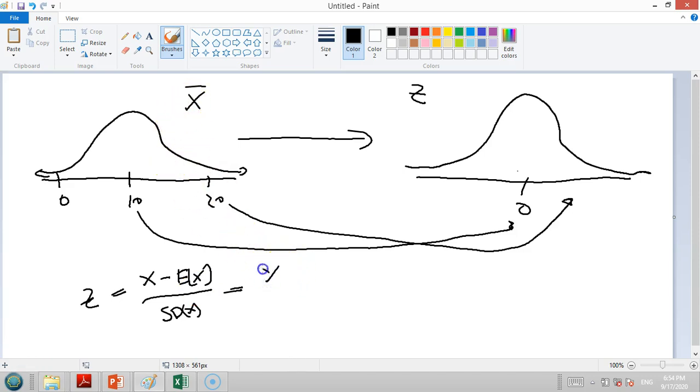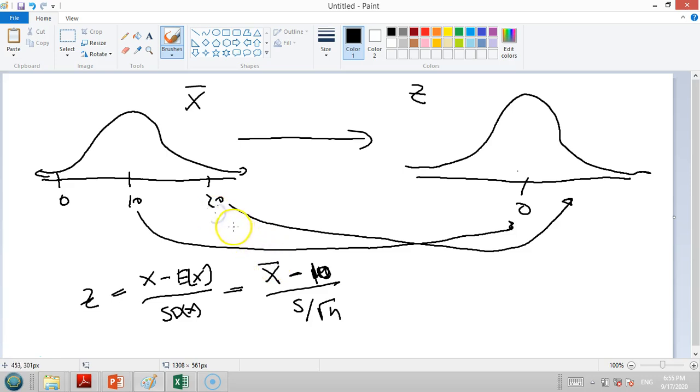Okay? X bar like this. My expected value of x is what? Is mu naught, or 10 in this case, okay? In this case, the standard deviation of x is just s over square root of n.